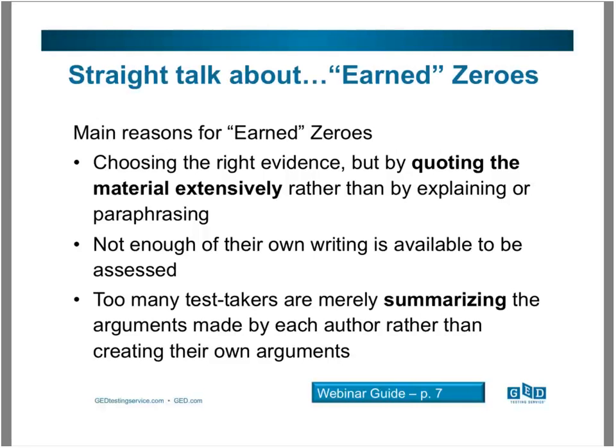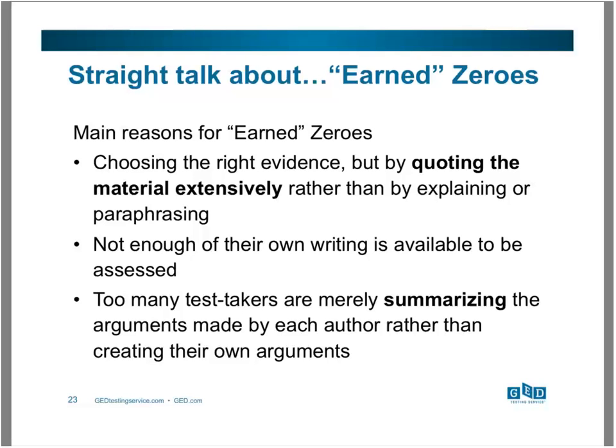That leads us to something we heard about many months ago now, called an earned zero. So let's talk a little bit about why our students on Trait 3 are getting earned zeros, and just as importantly, when we're scoring our students' work, what would an earned zero look like?